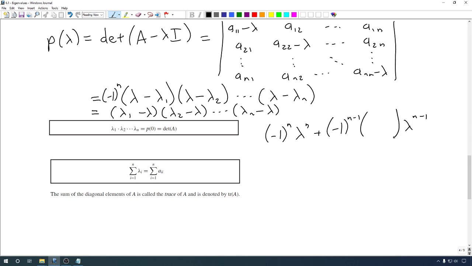It's always going to have two different forms. One comes from the original determinant. It looks something like the sum of all the Aii's, so this is A11 plus A22 all the way through Ann. Or, if we look at this formula here, we get a very similar result. We'll still have that negative 1 to the n minus 1, but we're going to have the sum of all the lambdas.